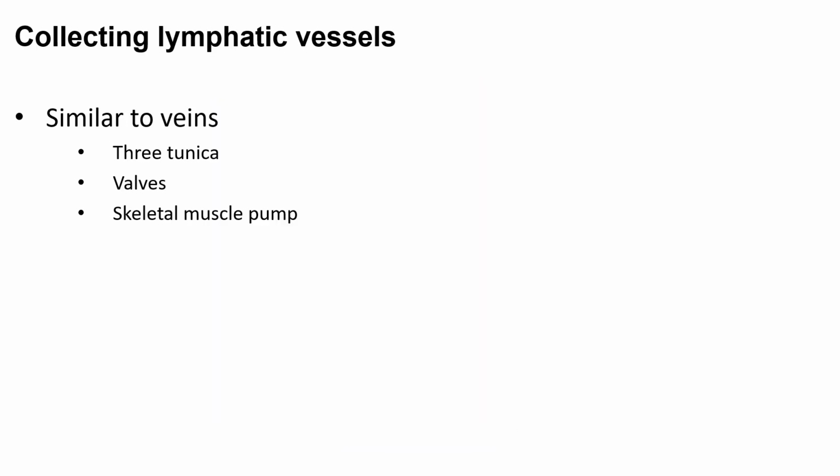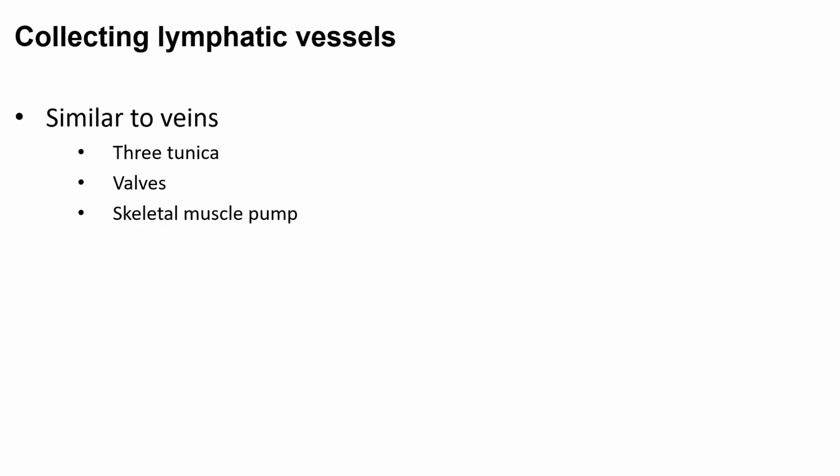All right, so we have collecting lymphatic vessels, and they are formed by merging of two or more lymphatic capillaries. And so when we look at their structure, they are going to have walls that are similar to veins. They're going to feature the three layers, the three tunica. They're also going to have valves that are going to prevent lymph from backflowing in its pathway.